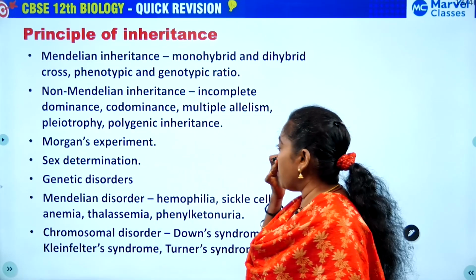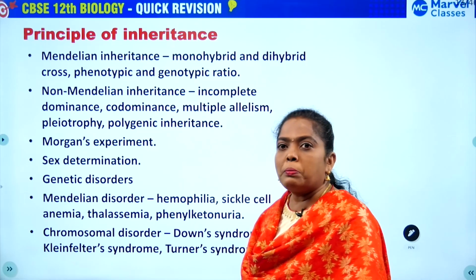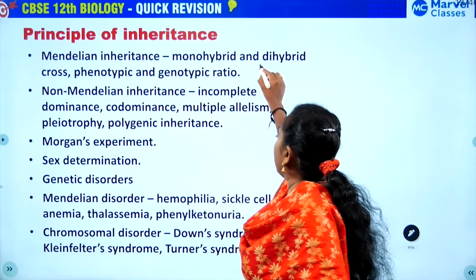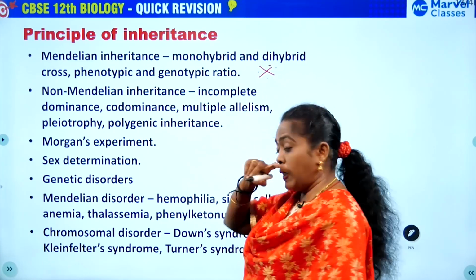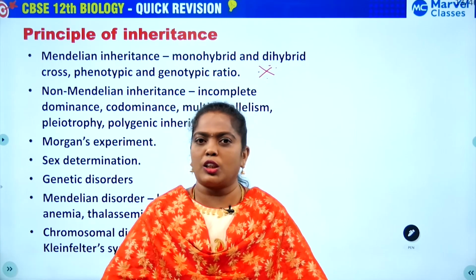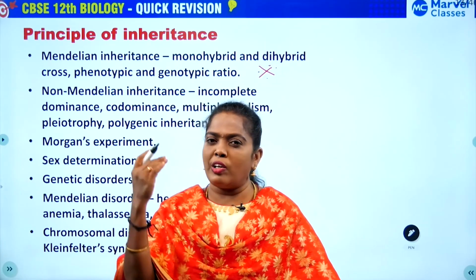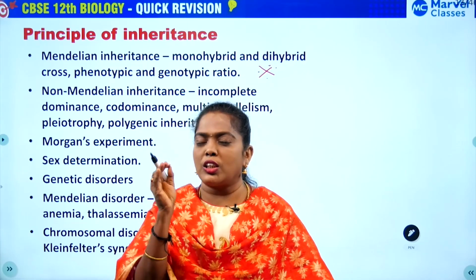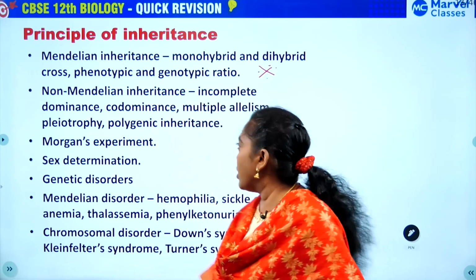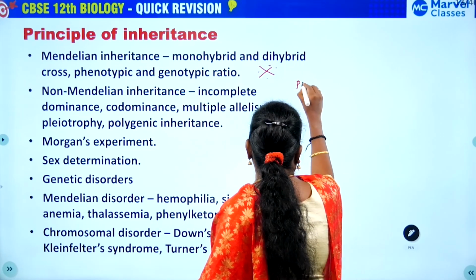Then the next chapter, a very, very important chapter, principle of inheritance. In genetics, definite question, we have already taught many times about the monohybrid cross and the dihybrid cross, just go through that. When you are writing the crosses, just write it down in steps very clearly. First you have to write about the parents.